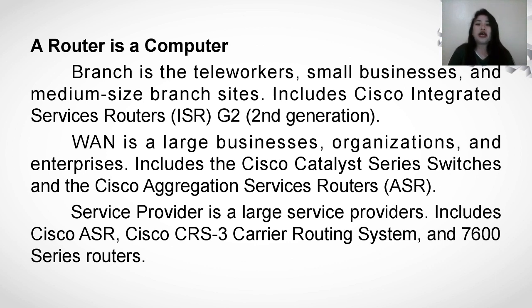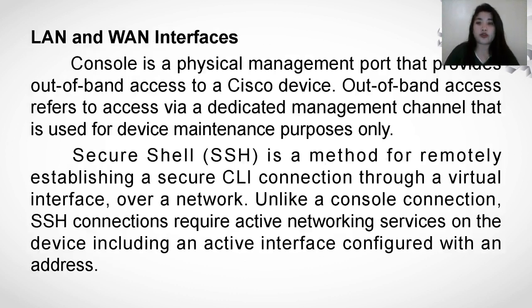It includes the Cisco Catalyst Series Switches and the Cisco Aggregation Services Routers, also known as ASR. Service provider is for large service providers. It includes Cisco ASR or Aggregation Services Routers, Cisco CRS-3 Carrier Routing System, and 7600 series routers.